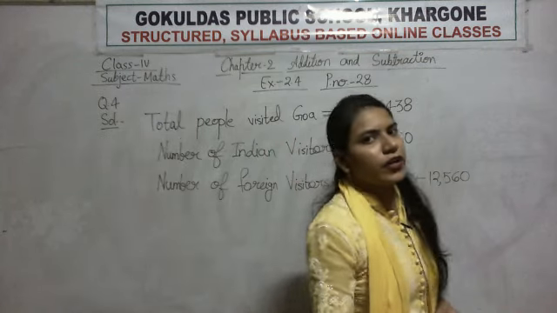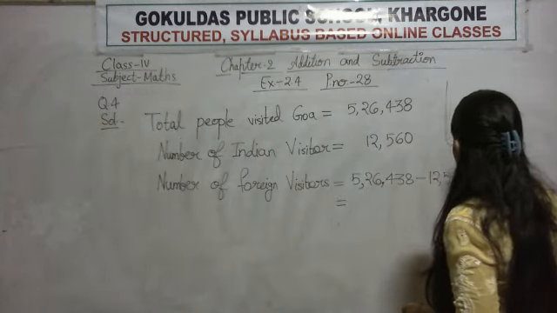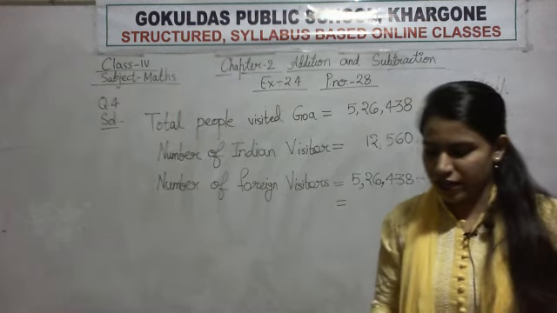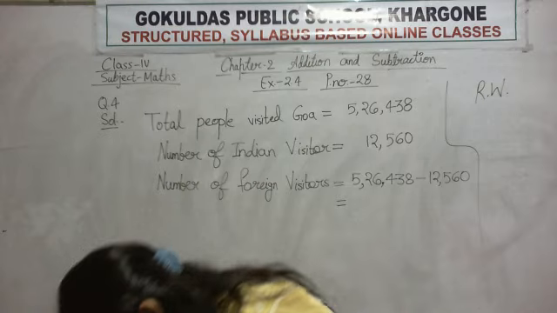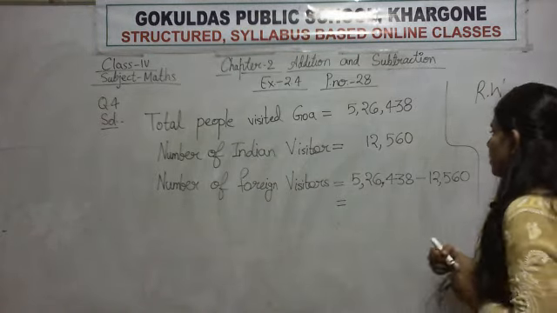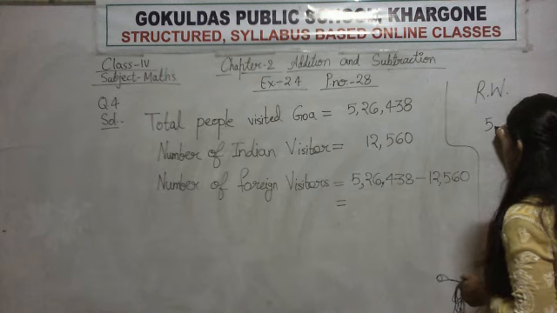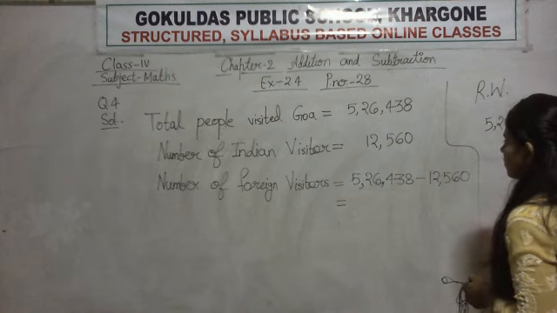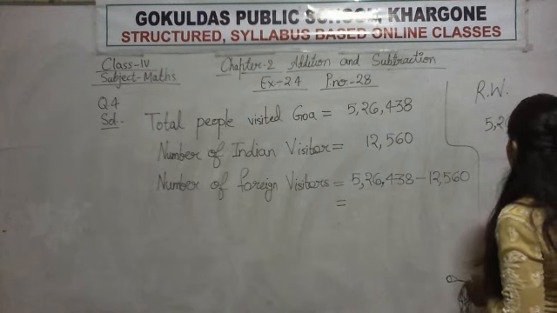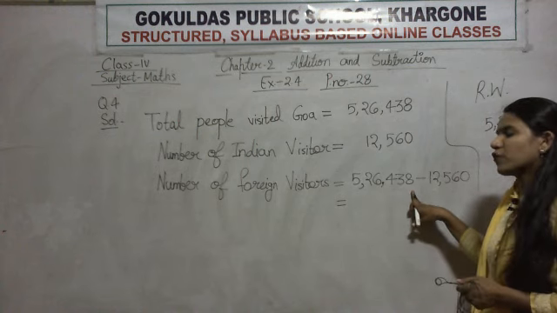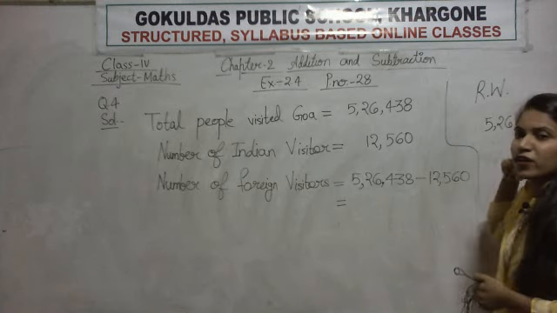So in rough work, what do you have to do? In rough work, arrange both the numbers column wise, and then do the subtraction. Write the larger number first, and out of these two our larger number is 5,26,438, so I am writing it first.